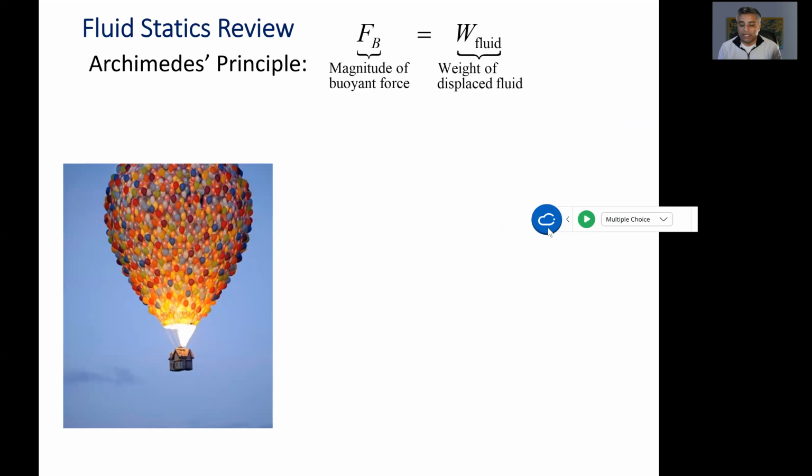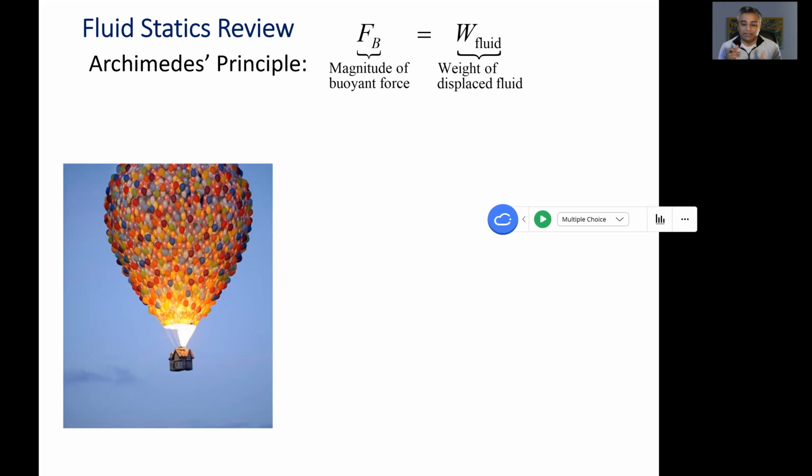So that's why, what happens here? Balloon. Why do we need a heated balloon to float? Why can't just an air balloon float without heating the air? So when you heat, what happens? The air molecules go a little further apart, so density becomes smaller.